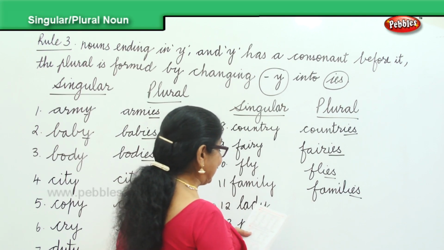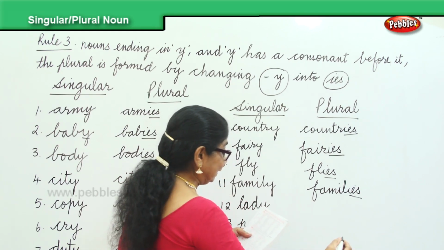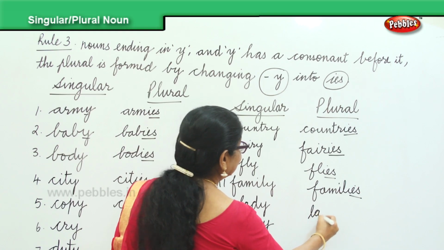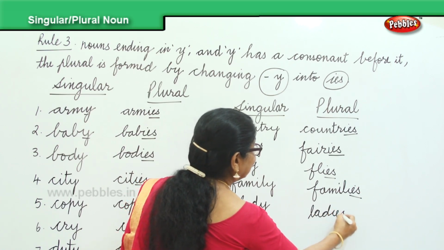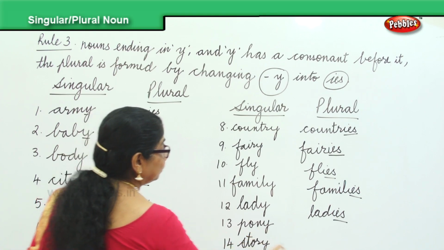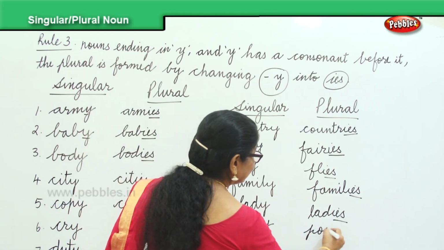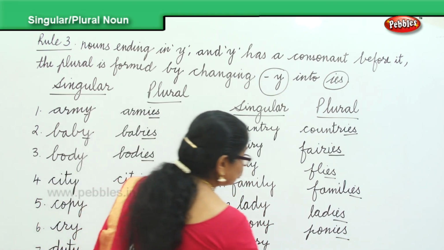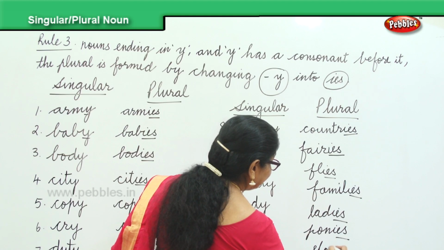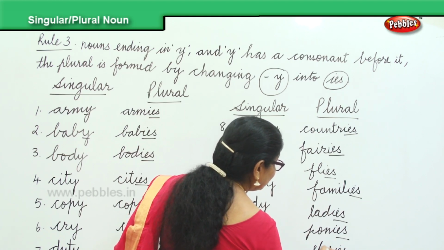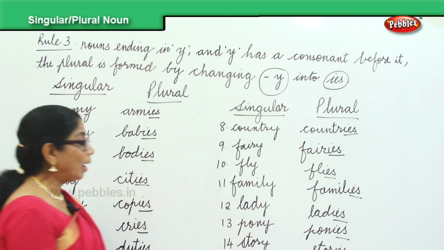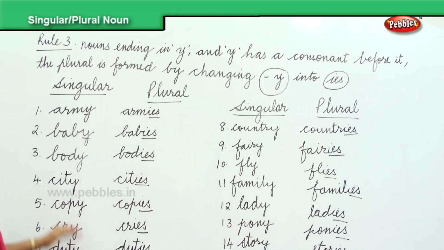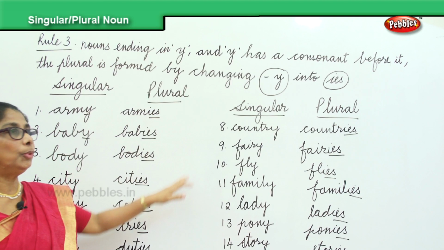Then you have lady, ladies. Then you have pony, ponies. Adding I. Then you have story, stories. The rule number 3 says, if a noun ends with Y and there is a consonant before it, you will change the Y and add IES to form the plural noun.